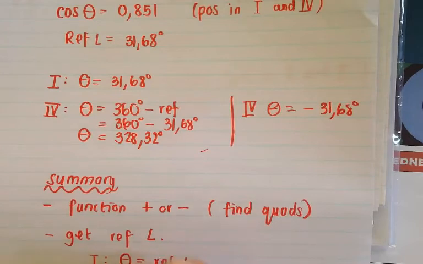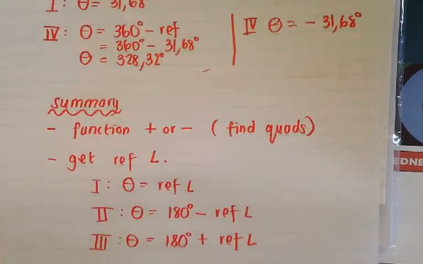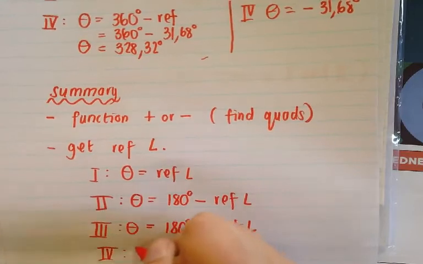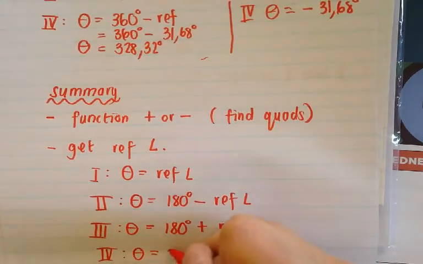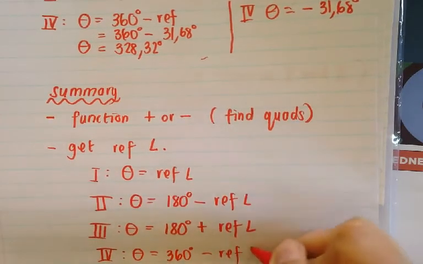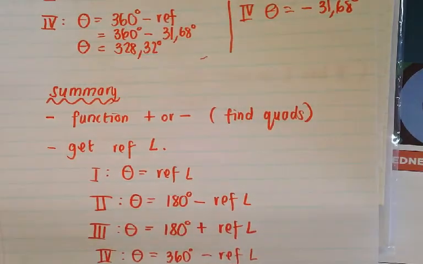Quadrant 2 would be theta is equal to 180 degrees minus the reference angle. Quadrant 3 would be 180 plus my reference angle. And then quadrant 4, theta would be equal to 360 minus the reference angle. But also note, we could just have the negative reference angle as well.